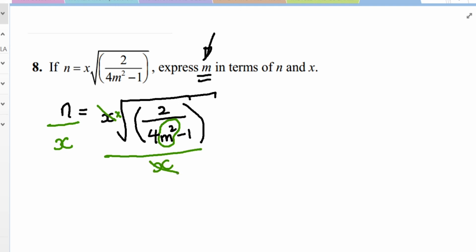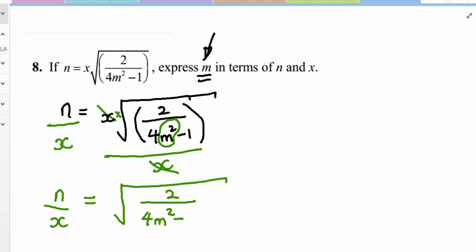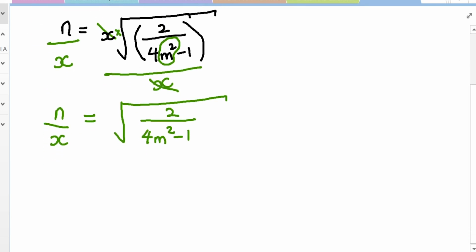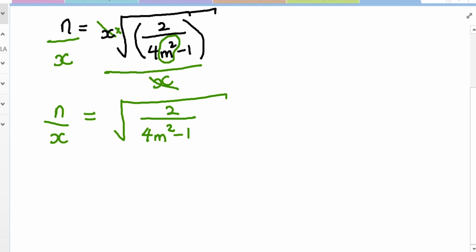This x and that x cancel out. So what we have here, we have n divided by x is going to be equal to the square root of 2 over 4m squared minus 1, like that. Now, let's remove the square root sign. How?